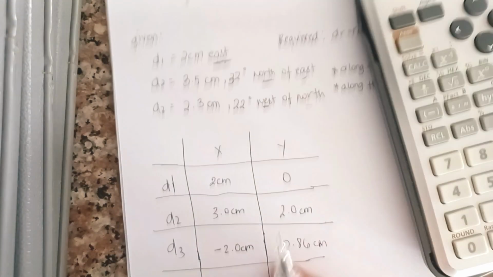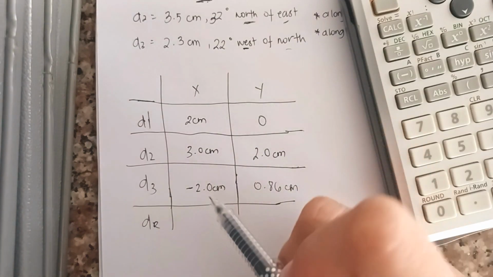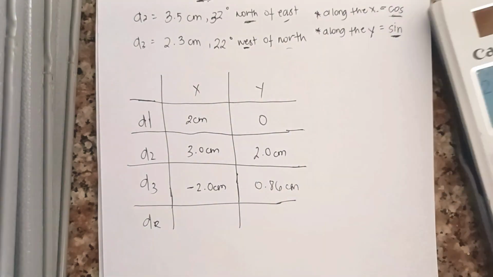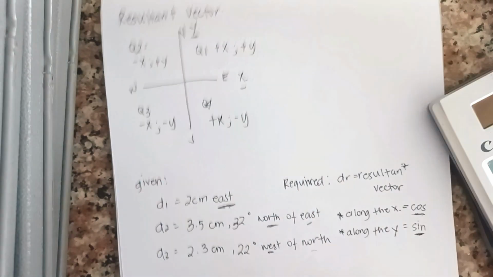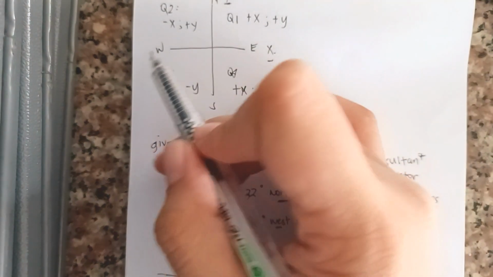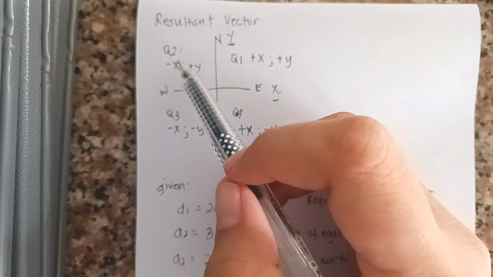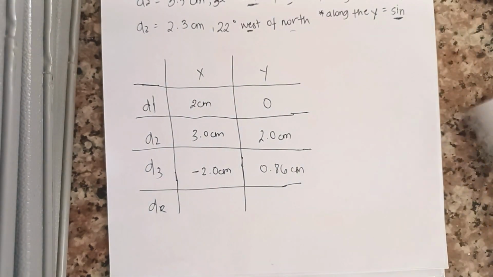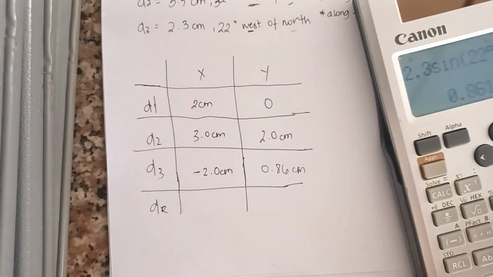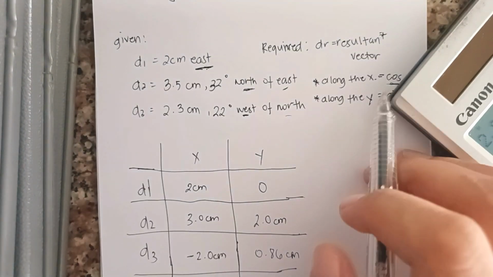So, again, dito, along the x-axis, kasi sa ating given, merong west along the x-axis, pero negative ang sign kasi ang ating west ay nasa negative na x based sa ating quadrant. Okay? And then, since along the x, we will use cosine.